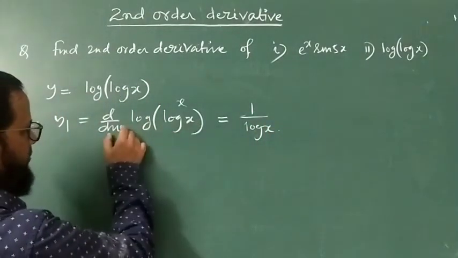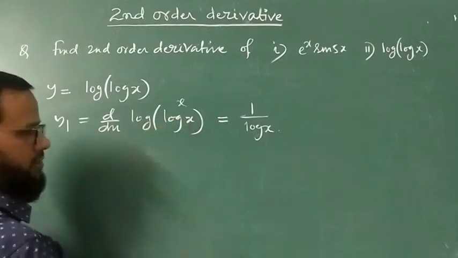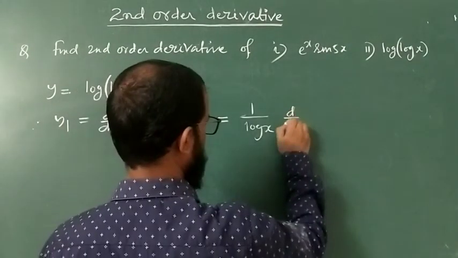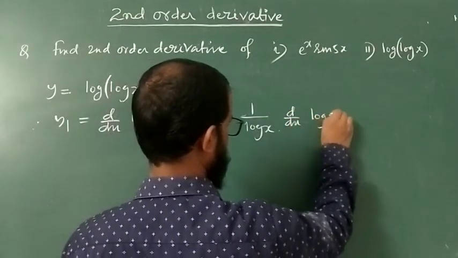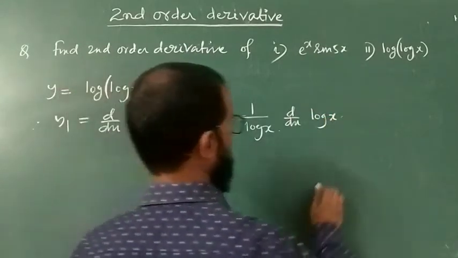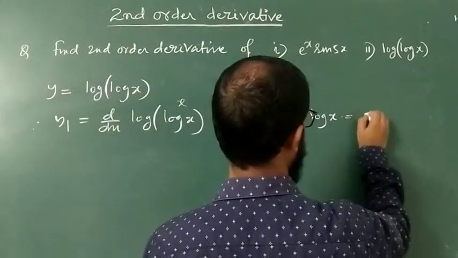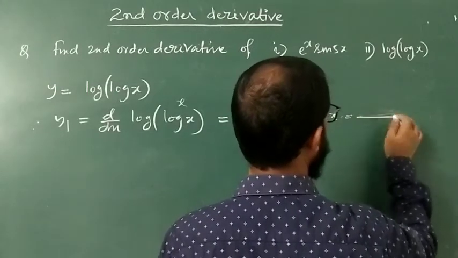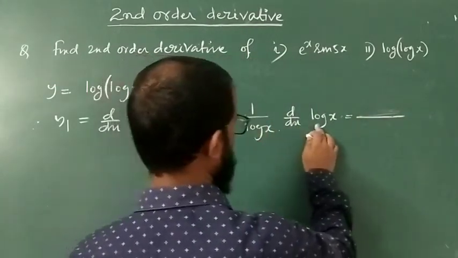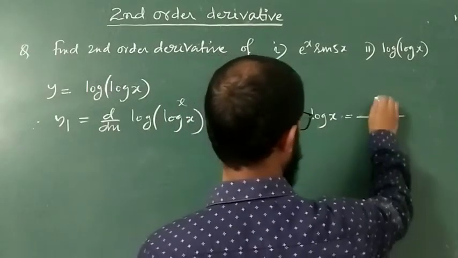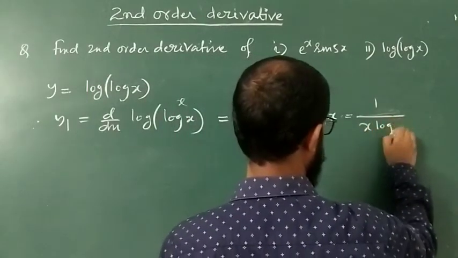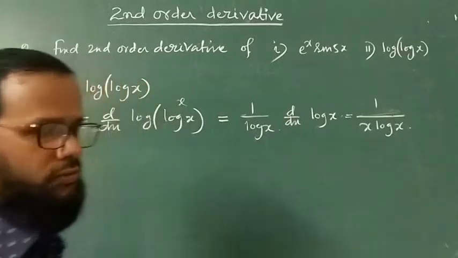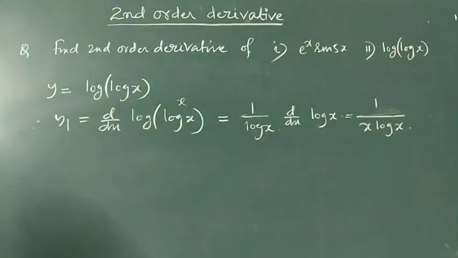So finally your answer is 1 over log x into 1/x, so 1/x into log x. Okay, so this is your y1.